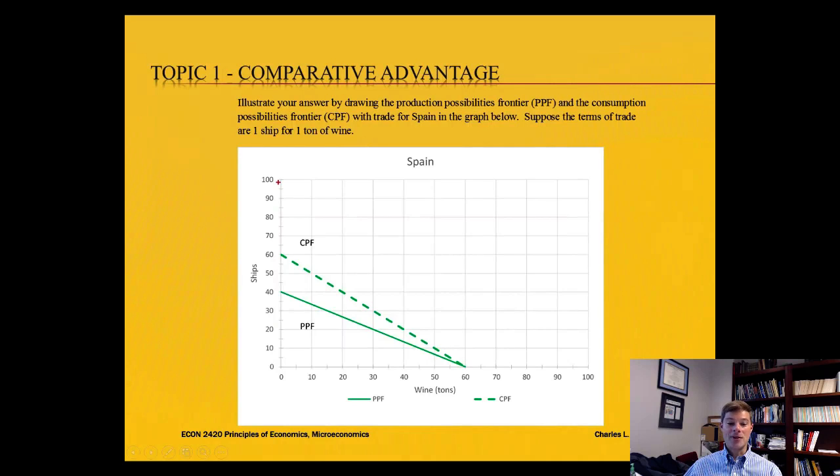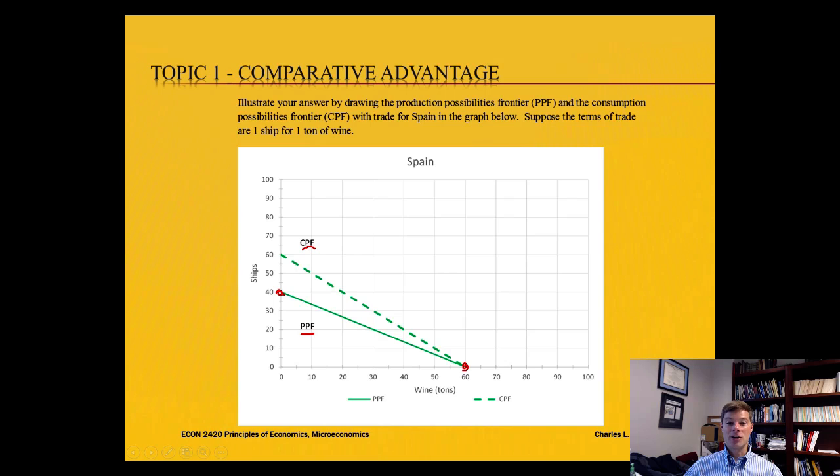Let's graph the production possibilities frontier for Spain and the consumption possibilities frontier for Spain. You may recall from the prior slide that if Spain does not trade, then they have the ability to produce a maximum of 40 ships, that's that point, or a maximum of 60 tons of wine.